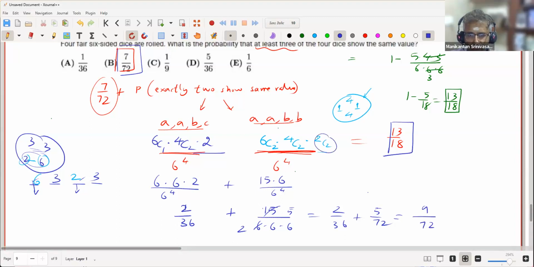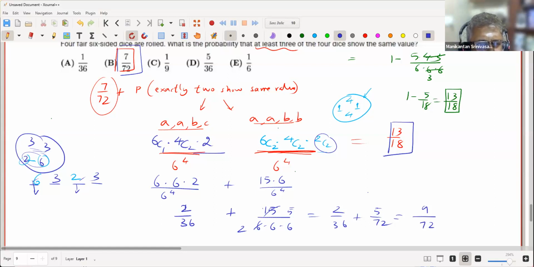Yeah. Okay. I did verify the other day. It worked out. Why is it not working out right now? 7 by 72 plus 16 by 72, how much is it coming? It should come to 52 by 72, right? So it's 25 by 72. Am I doing some other mistake, guys?